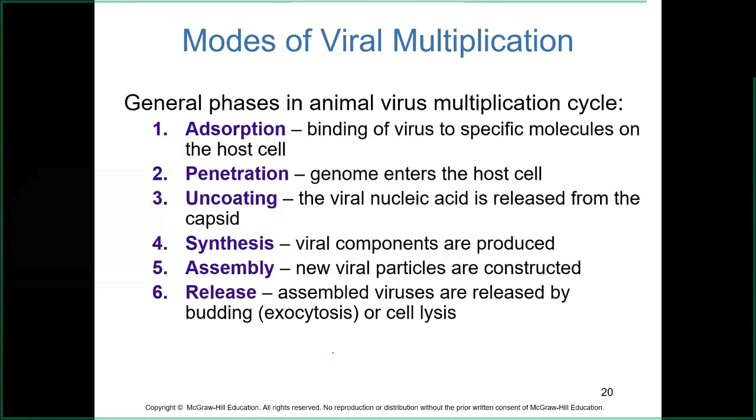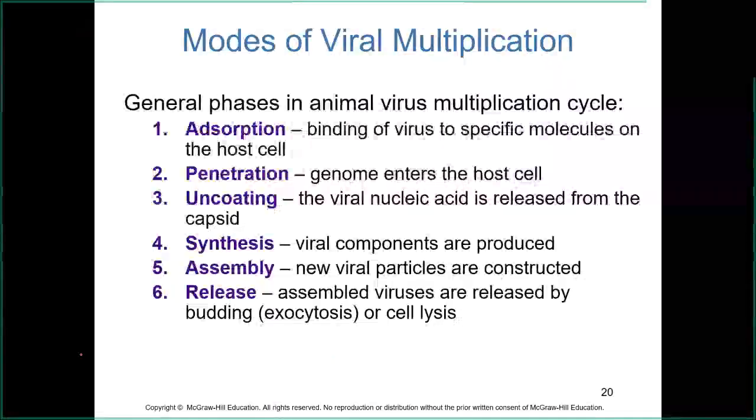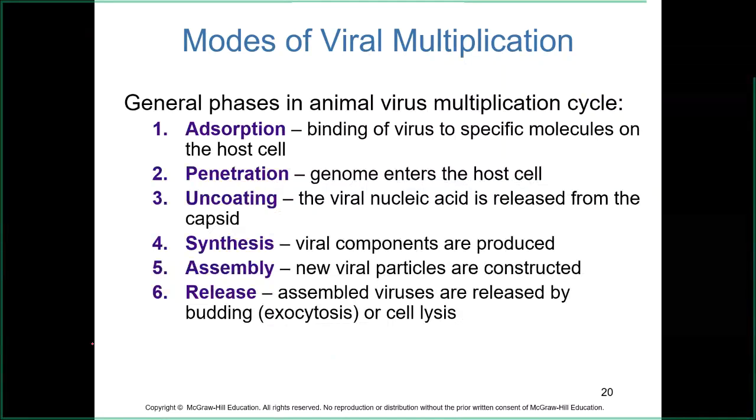And so this is useful information because if we're charged with designing an antiviral drug, you can look at all of these different steps and maybe come up with a drug that would inhibit one or more of them. So find the weak links, if you will, in the process.